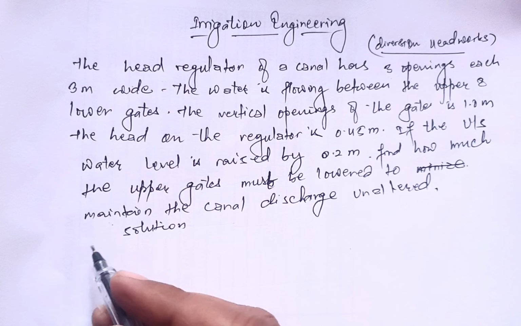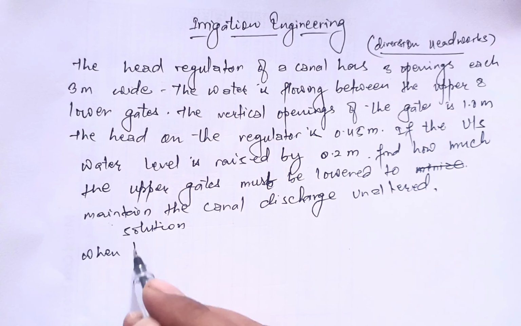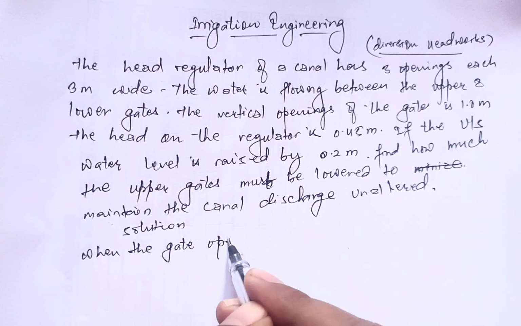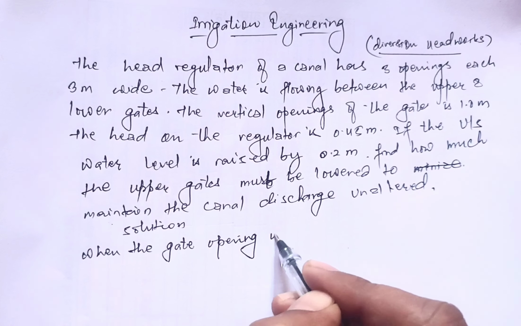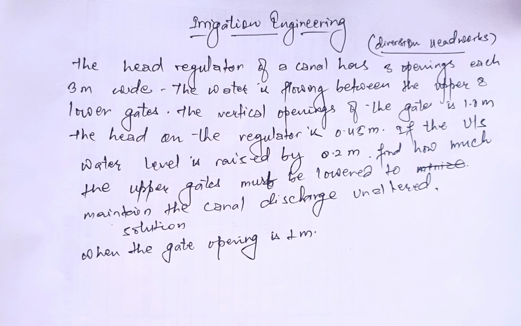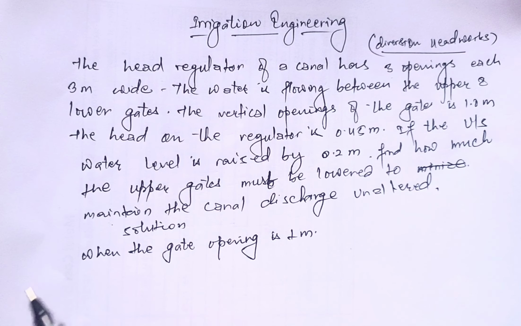In the first case, when the gate opening is 1 meter, discharge can be calculated by Sommer's orifice formula.